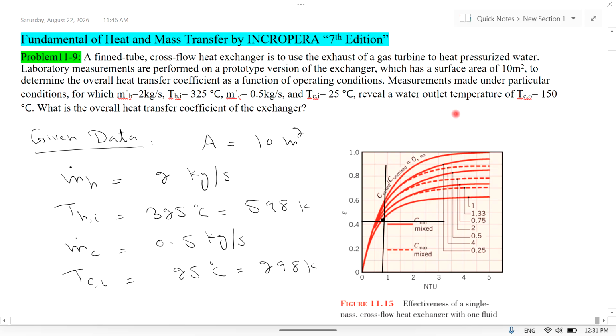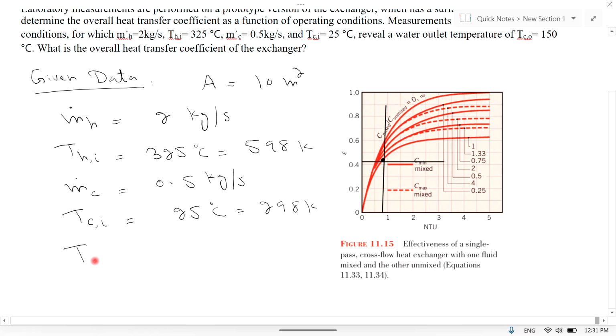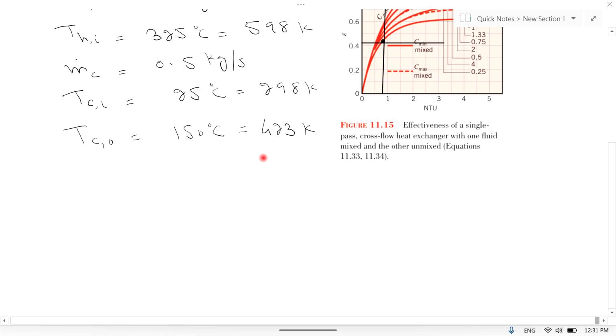The water outlet temperature, Tco, the temperature of cold water outlet after heating, goes from 25 degrees centigrade to 150 degrees centigrade, and in Kelvin this is equal to 423 Kelvin. What is the overall heat transfer coefficient of the heat exchanger?